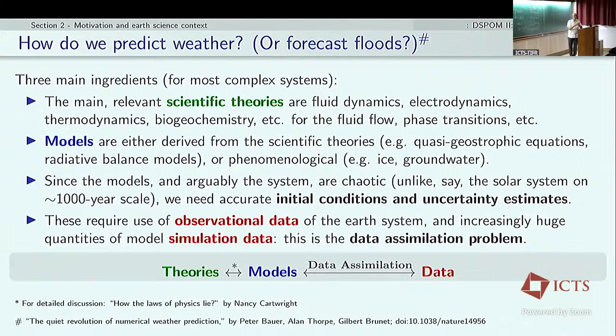One, the models kept getting better. Two, the data kept increasing, and the methods for combining those two kept getting better at an incremental rate. There was essentially no breakthrough, no big aha moment where somebody said, oh yeah, great, now we can do extremely better. Like, for example, what happened between, say, ChatGPT 2 and 3, or 3 and 4. There was no big breakthrough in any of those time periods over the last 50 to 70 years.